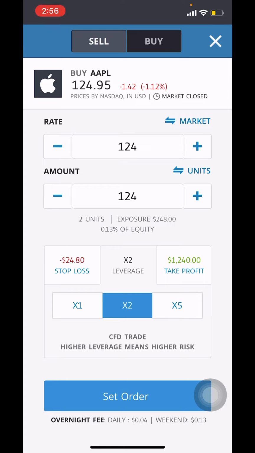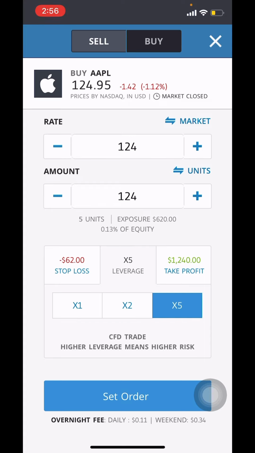It amplifies the amount that you spend or the amount that you put in the market times 2. So now you're exposed to 2 units, $248. X5, now your exposure is $620, which is 5 units. So it just multiplies the trade.